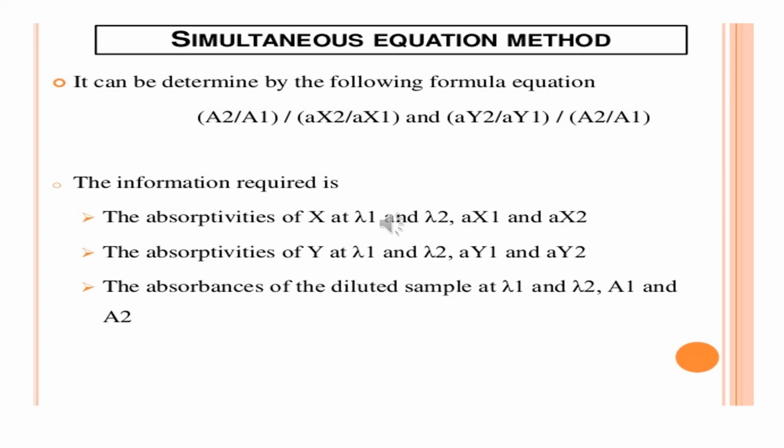The information required is the absorptivity of X at lambda 1 and lambda 2, AX1 and AX2, the absorptivity of Y at lambda 1 and lambda 2, AY1 and AY2, and the absorbance of the diluted sample at lambda 1 and lambda 2, A1 and A2.